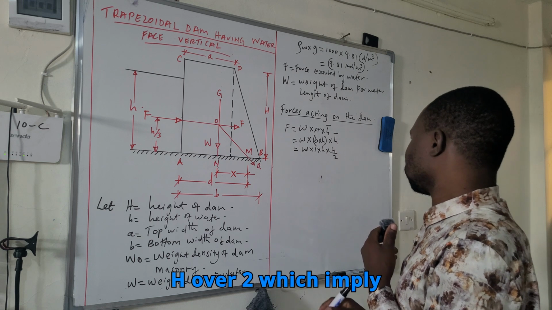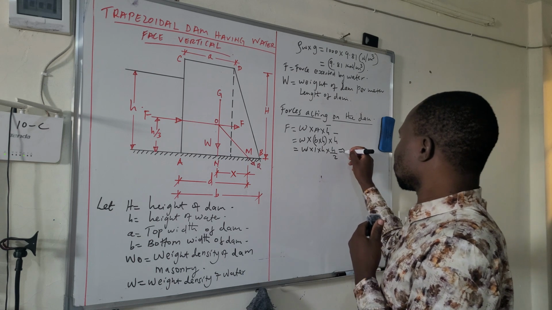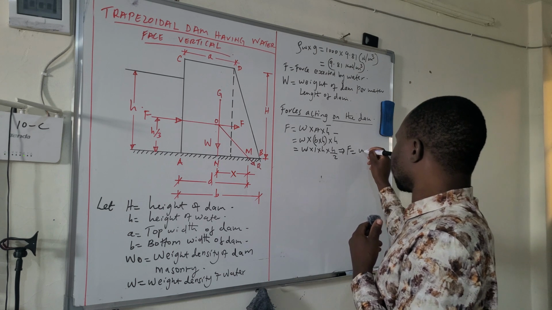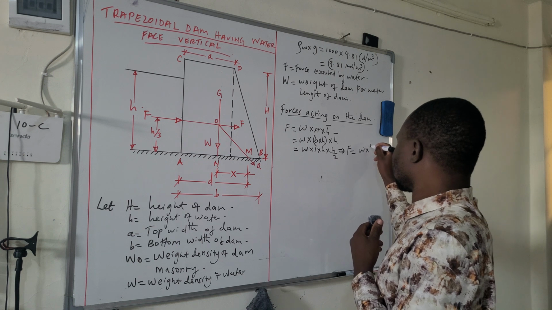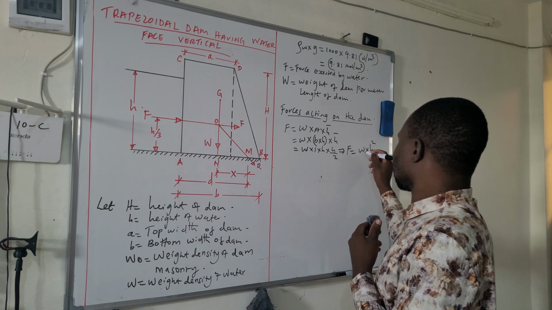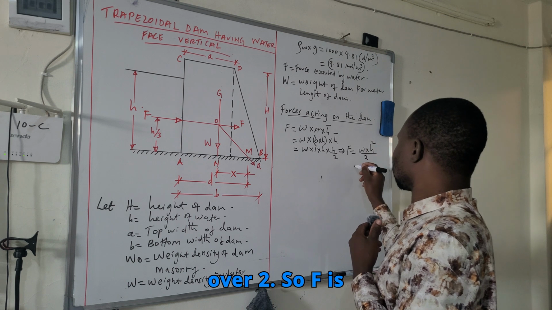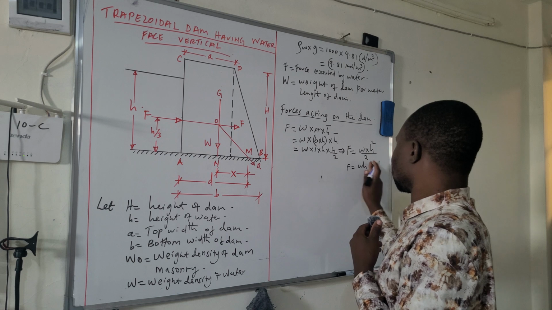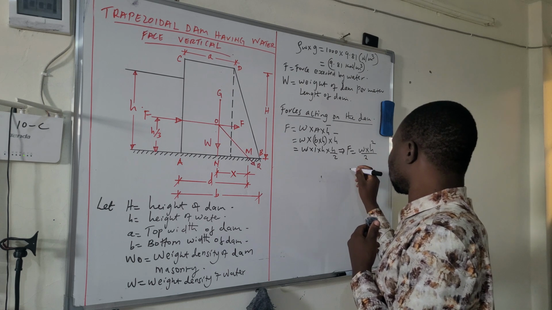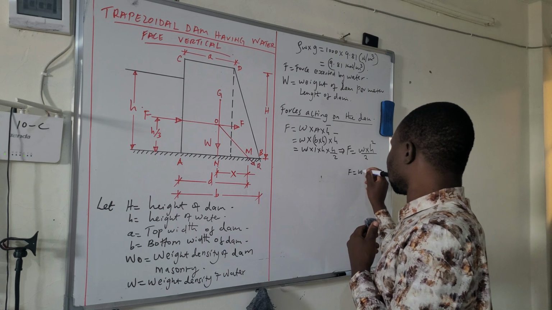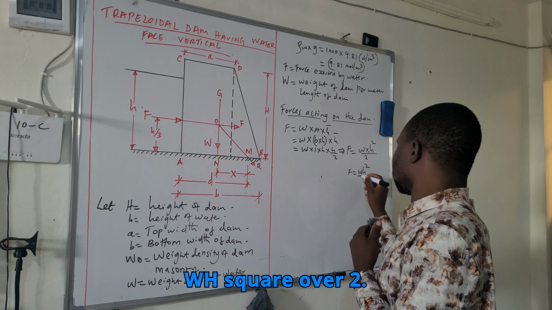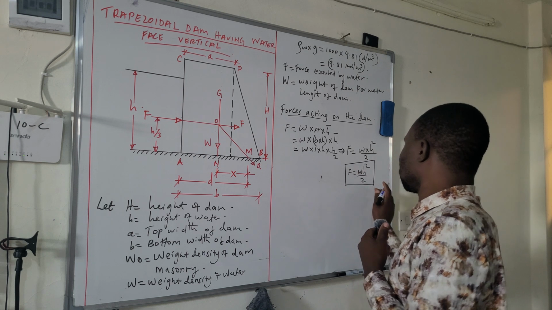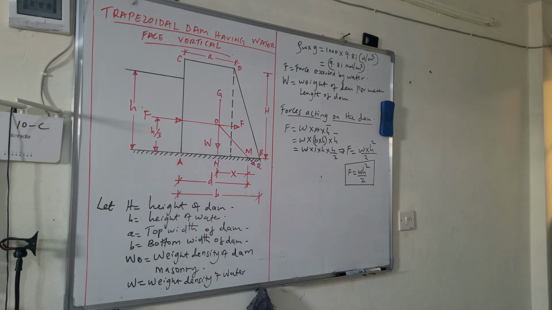So h bar is h over 2, which implies F is equal to w h squared over 2. So that is our F.